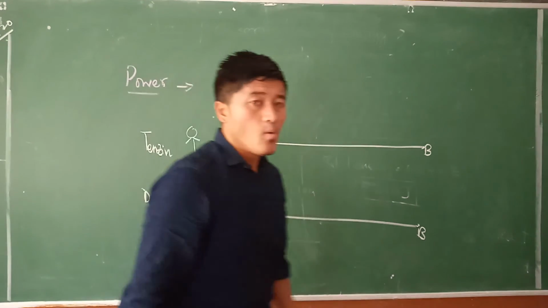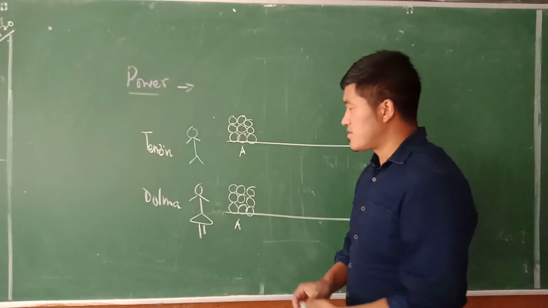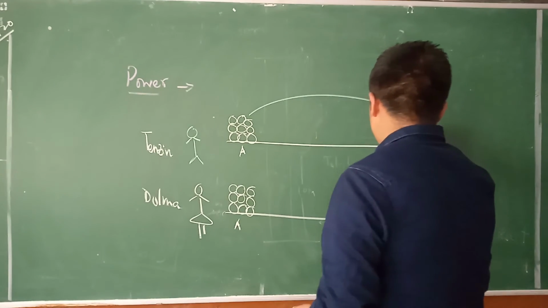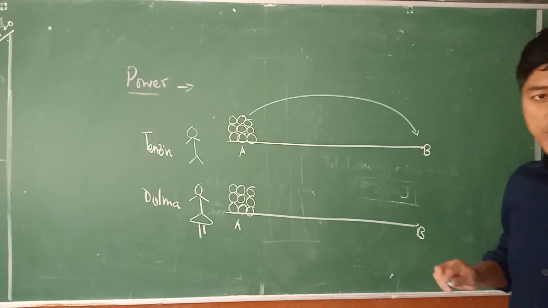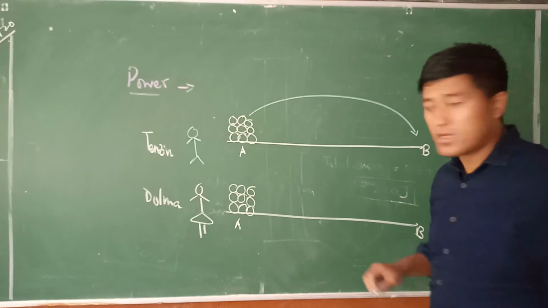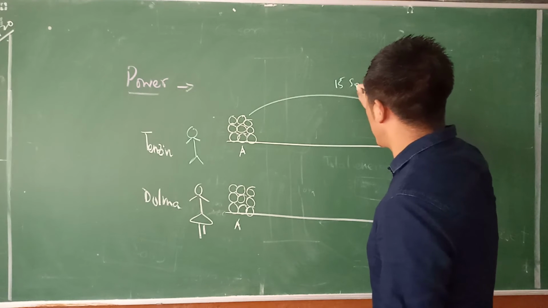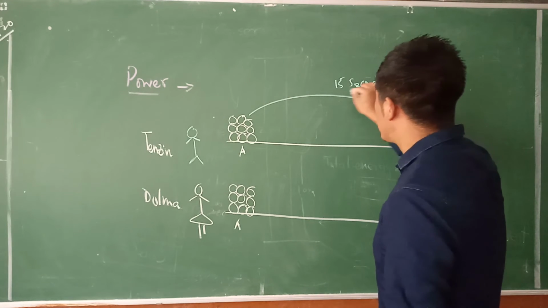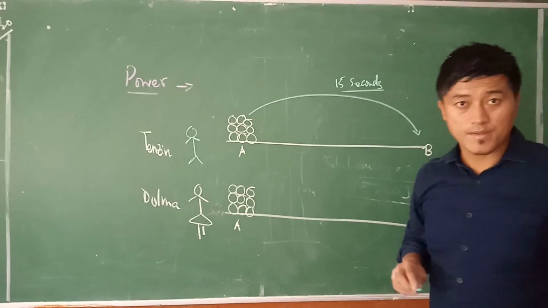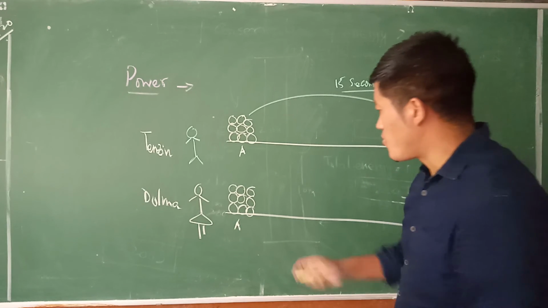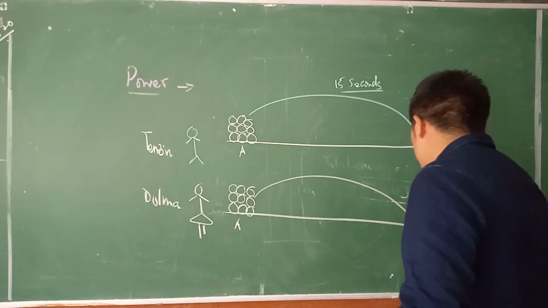Now, when they were doing work, Tenzin, in order to finish his work, was shifting his stone from this position to that position. And how much time did he take? He took, let's say, 15 seconds to finish his work. Now Dolma was also doing work, and she shifted her stone from this point to that point.